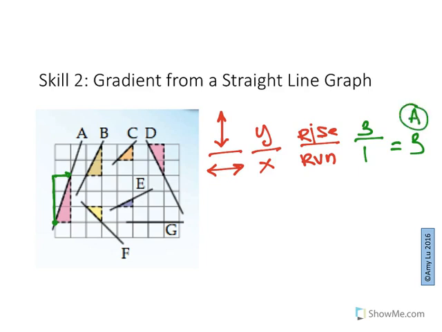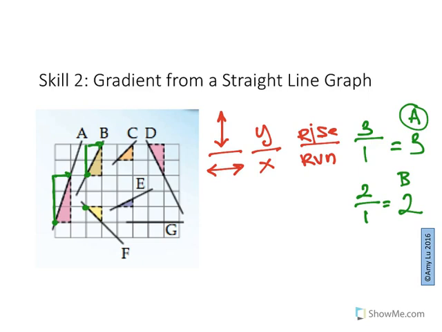My gradient for line B, starting from a concrete point, would be 1, 2 up, 1 over, which makes a gradient of 2. Now for lines like F, I start from a concrete point, and again, I have to decide how much I have to rise and run.